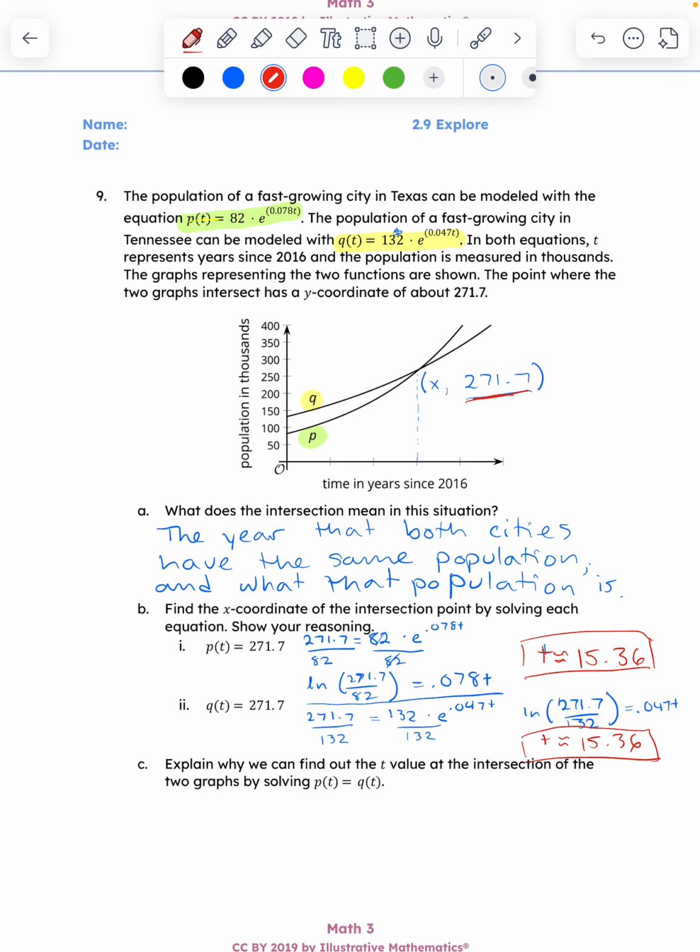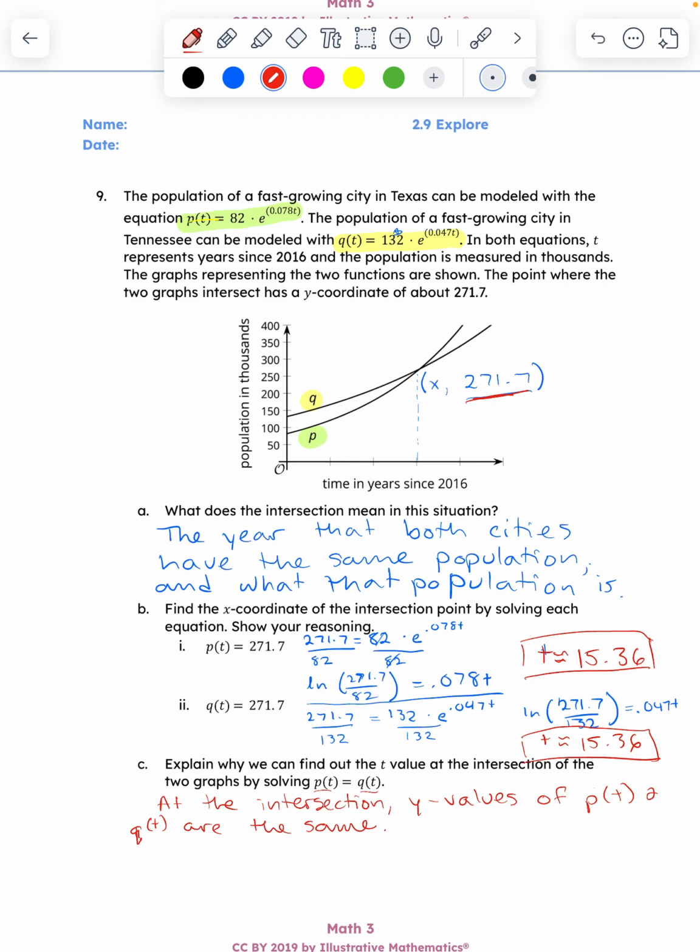So by definition, at the intersection, the y values of these functions, of p of t and q of t, are the same. That's what it means for it to be an intersection, right? And the y value of those functions are just p of t and q of t, right?